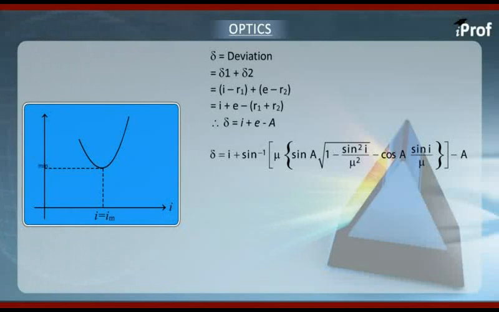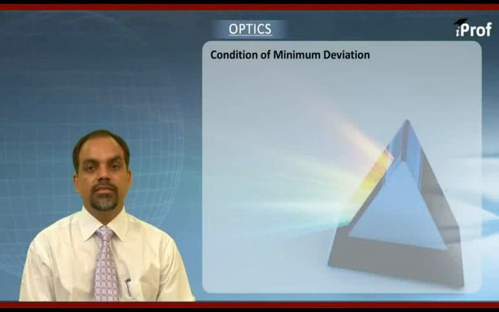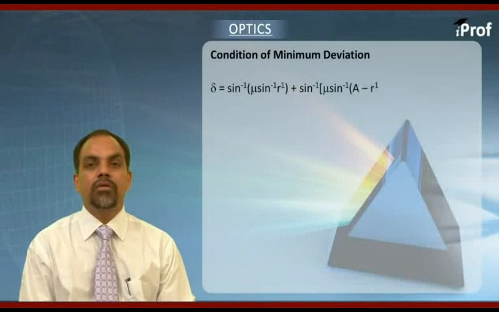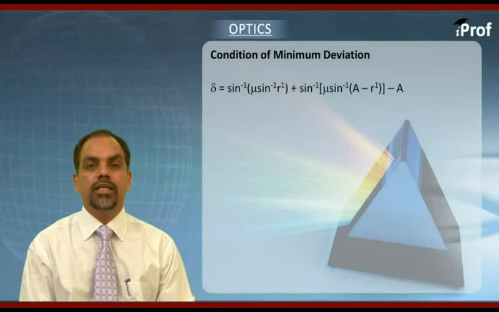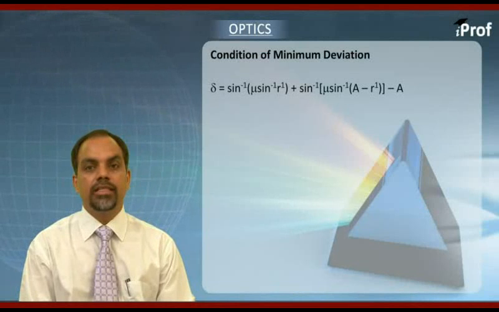Now let's move into many more details of this triangular prism. First we take up the condition of minimum deviation. Now we know from calculus that whenever a function is minimum or maximum, its first derivative is 0. Here deviation is a function of angle of incidence.